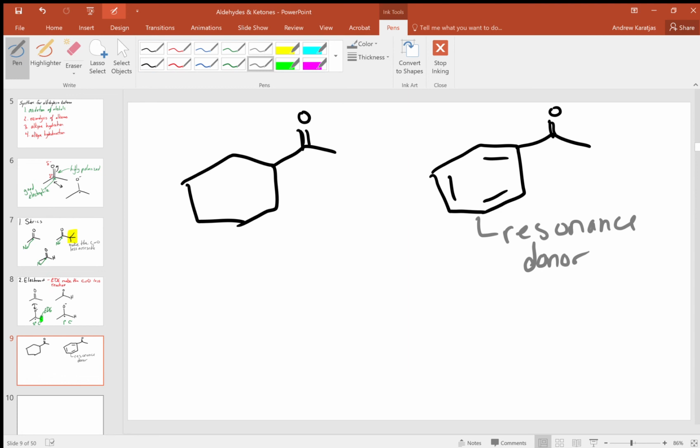The effect is that by being electron donating, the carbonyl is less delta plus, and therefore it's not as good of an electrophile. Now, that's not to say that it's a bad electrophile. Carbonyls are still almost always good electrophiles, but some, of course, are better than others.